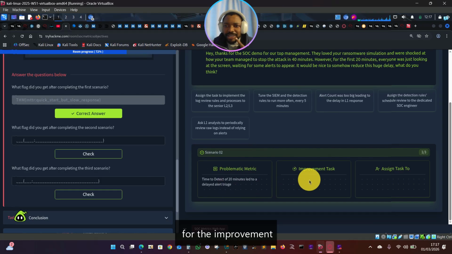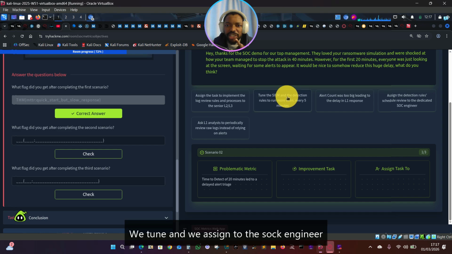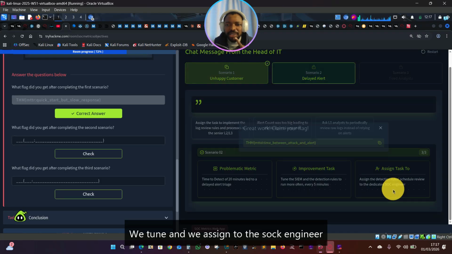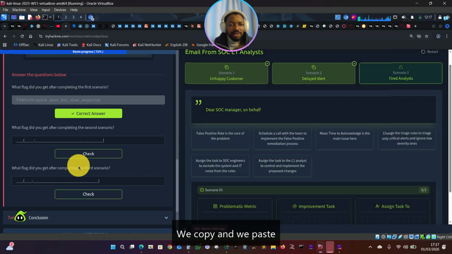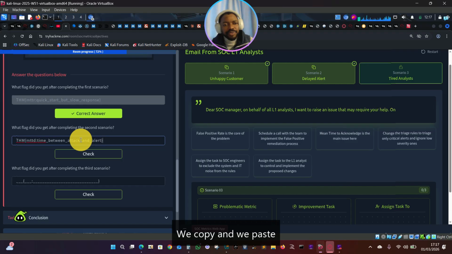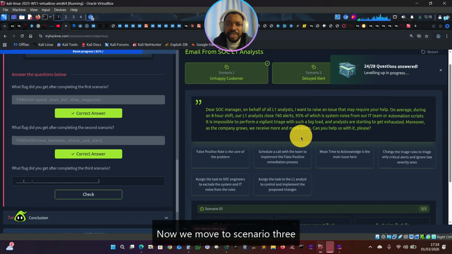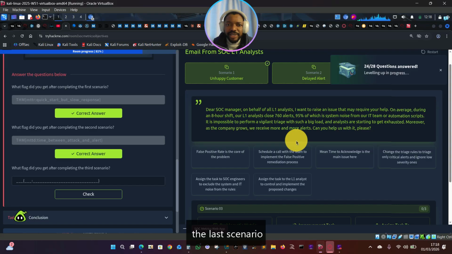For the improvement, we tune the detection rules and we assign to the SOC engineer. We copy and we paste. Now we move to scenario 3, the last scenario.